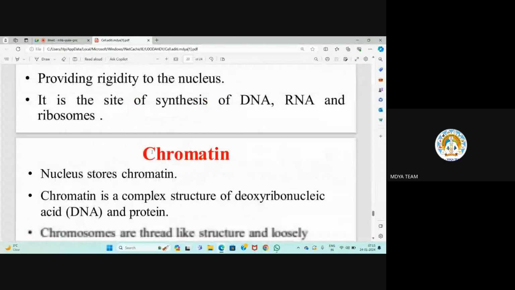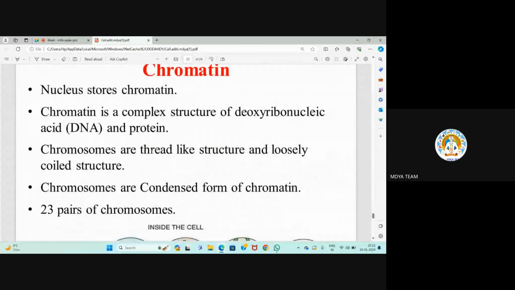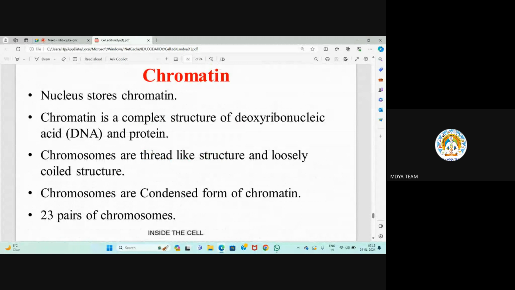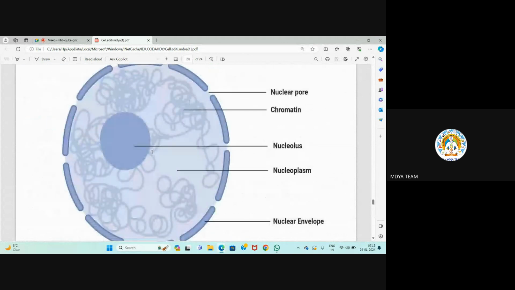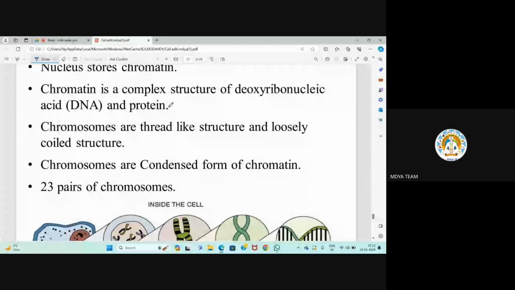Now today we will start from chromatin. Nucleus stores chromatin. Inside the nucleus we have seen in this picture these thread-like structures known as chromatin.